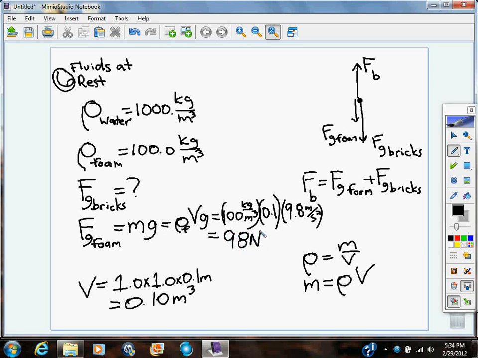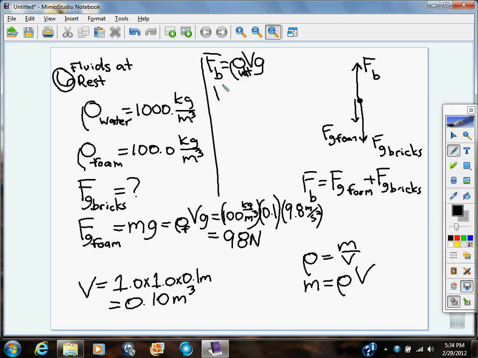Now, that gives me the foam. I can also find the buoyancy force. Because remember, for the buoyancy force, that buoyancy force is going to be equal to the density times the volume times the gravity, and that is of the fluid, which in this case is water.